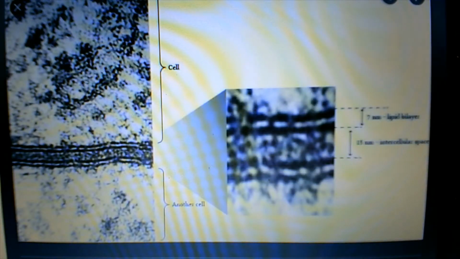Okay, what I want to show you here, this is a cell, and this is its layer. It's the layer of the cell membrane, and then the space in between here, and you can see this kind of blown up, space in between here is what's in between cells. And then here's the beginning of another cell, so that's its cell membrane as well.